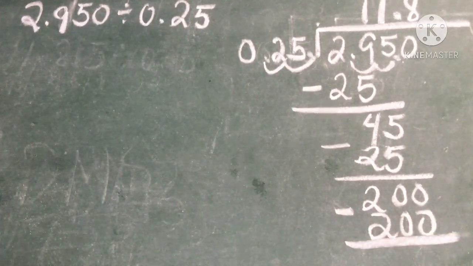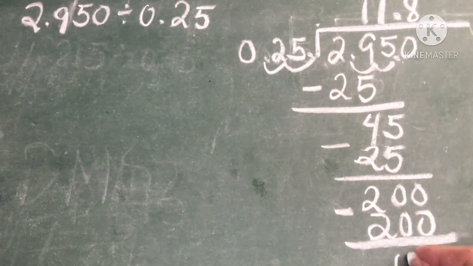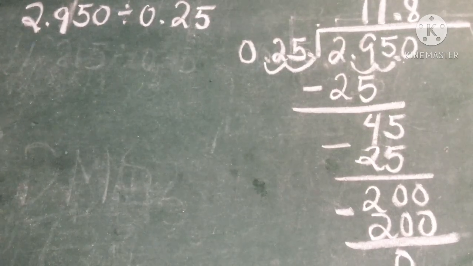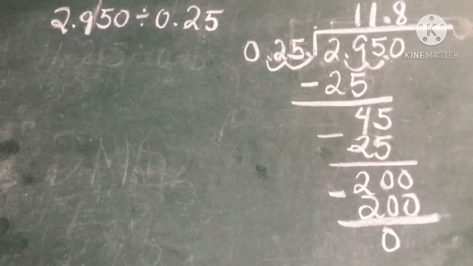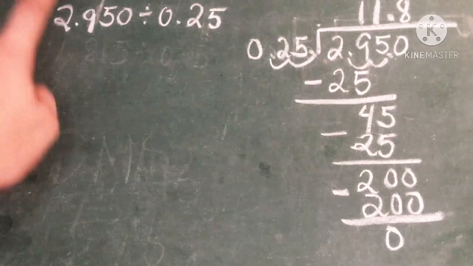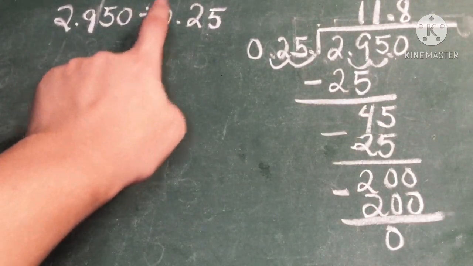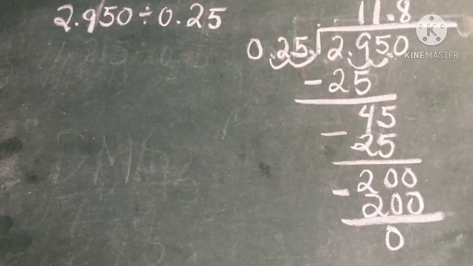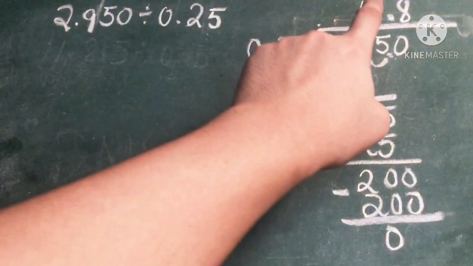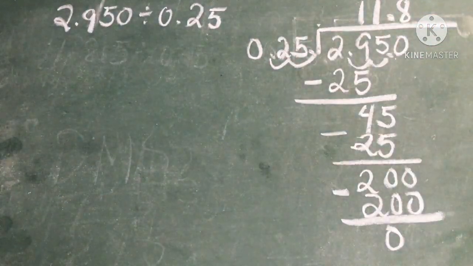So, 200 minus 200 is equal to 0. So, here, we have 2 and 950 thousandths divided by 0 and 25 hundredths is equal to 11 and 8 tenths.